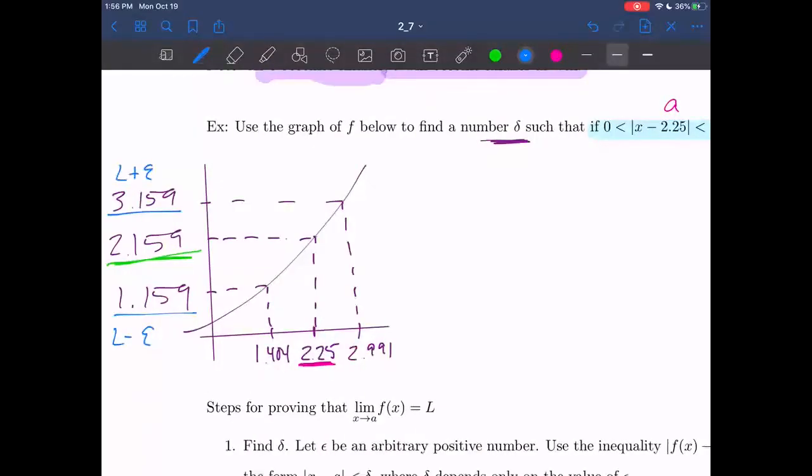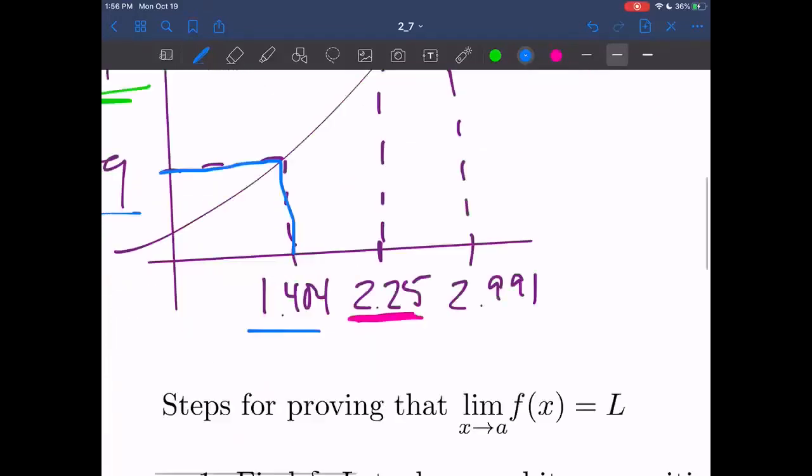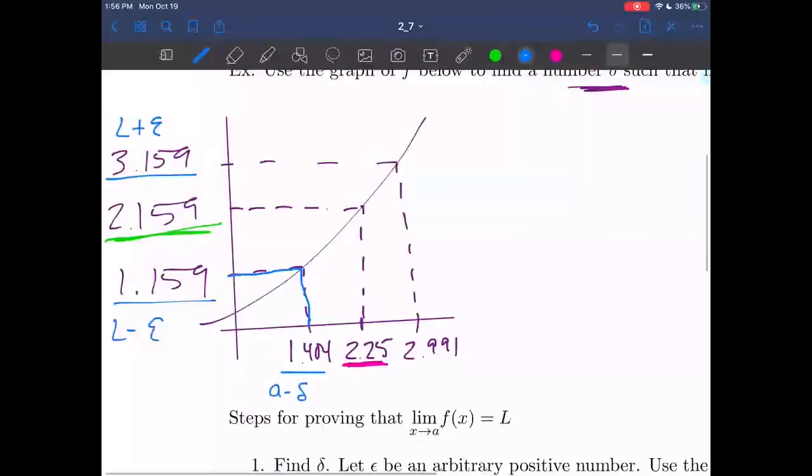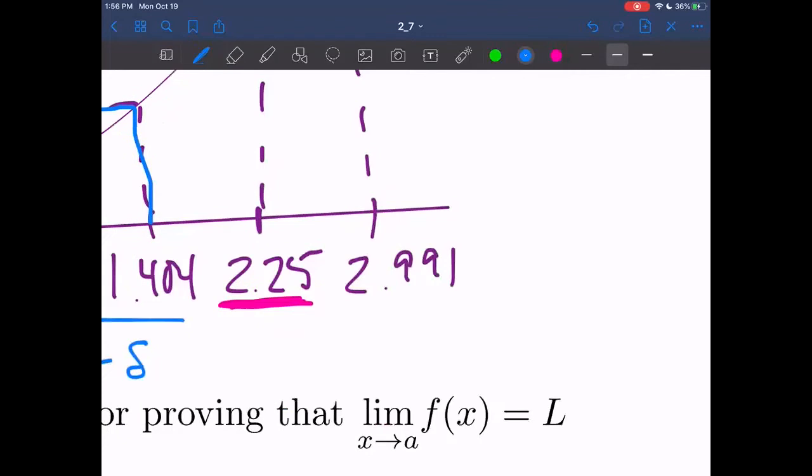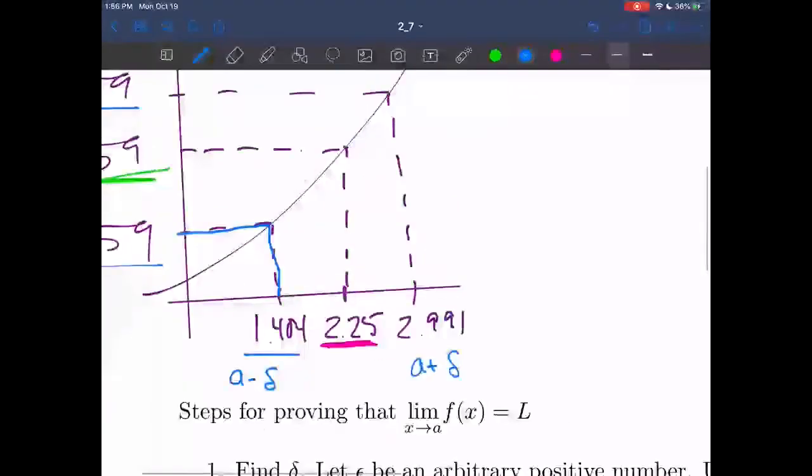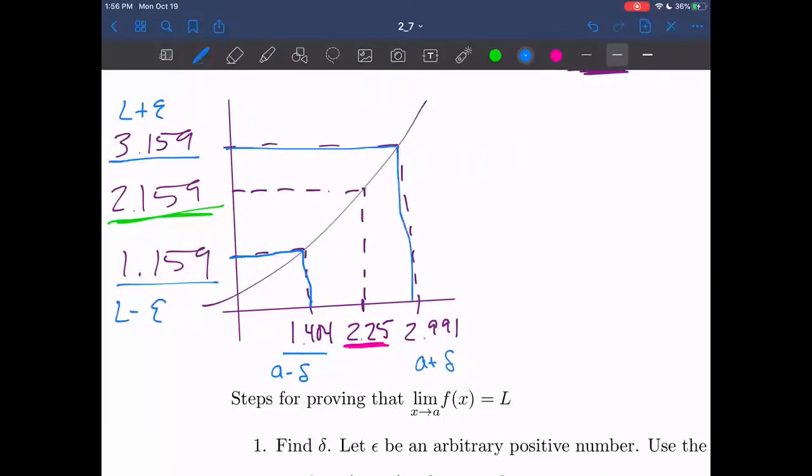What that means is that this 1.404 is my A minus delta, and this 2.991 is my A plus delta, because they correspond to our L plus epsilon and L minus epsilon values. To actually find delta, I'll subtract.